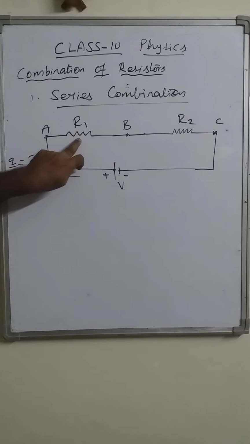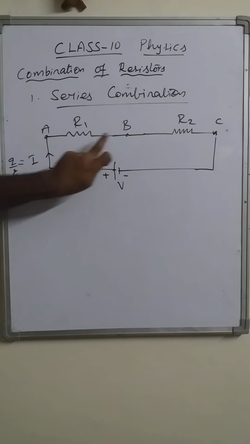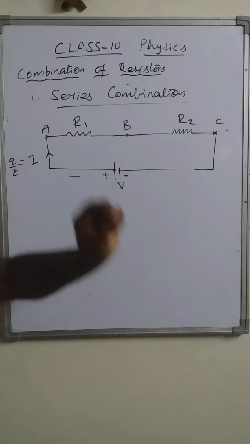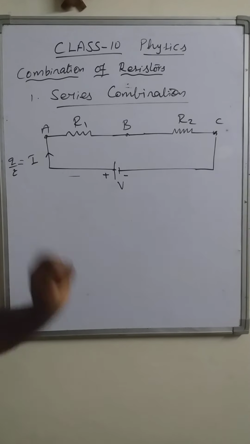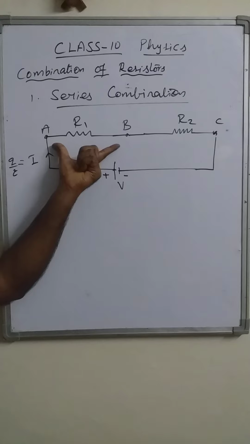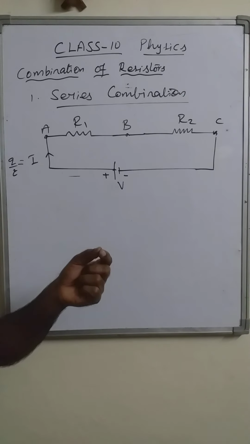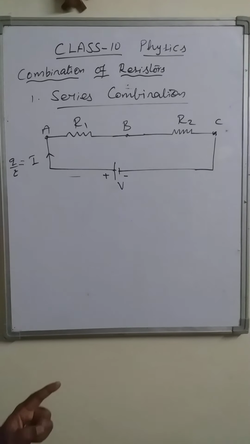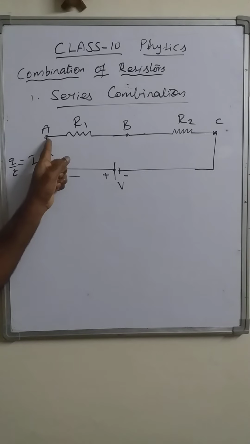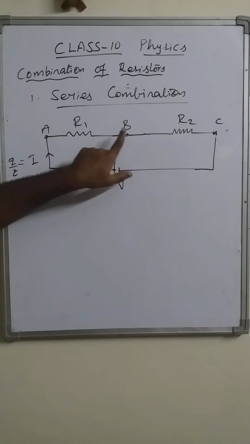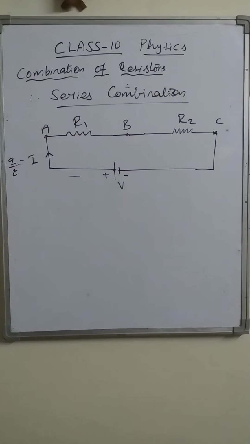And that work done by the battery to move the charge from A to B through this resistor can be taken as the potential difference between these two points, because we know that potential difference is work done per unit charge. Whatever work is done by this battery to move the charge from A to B appears in the form of potential difference.